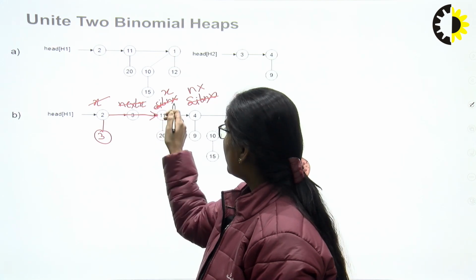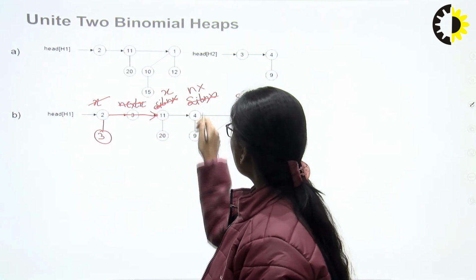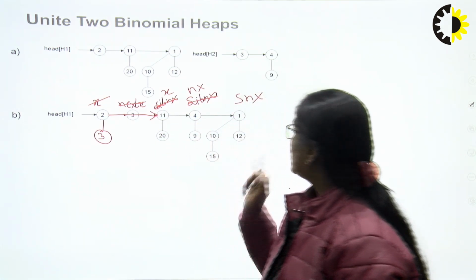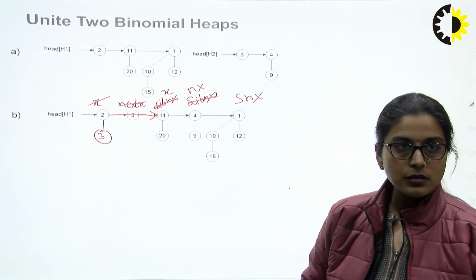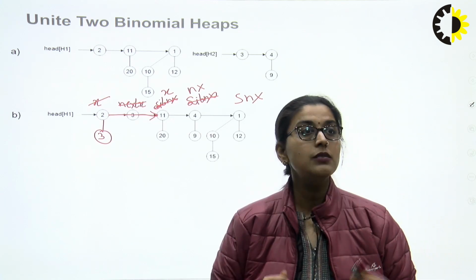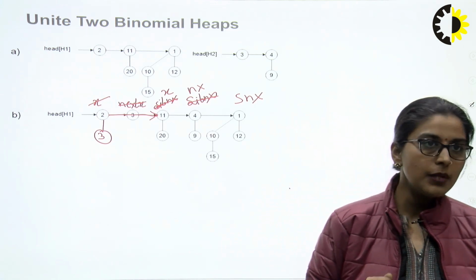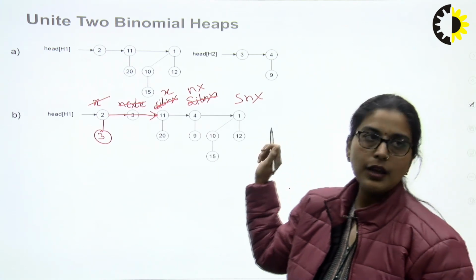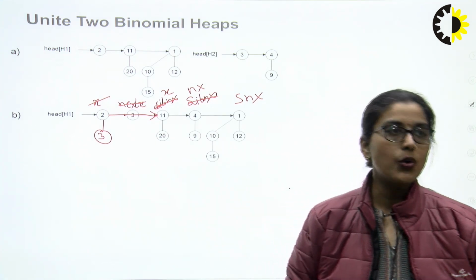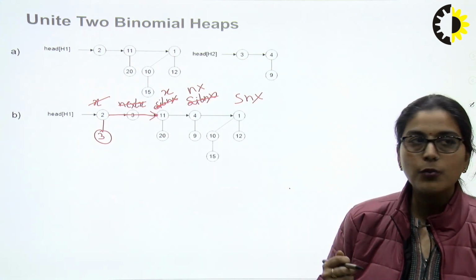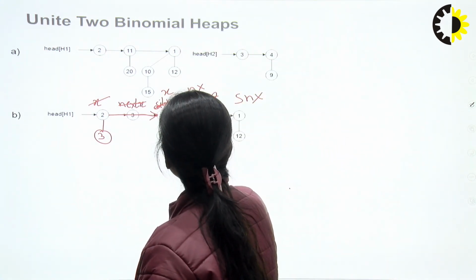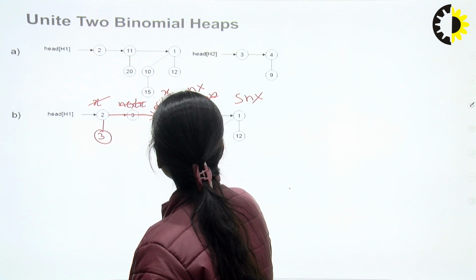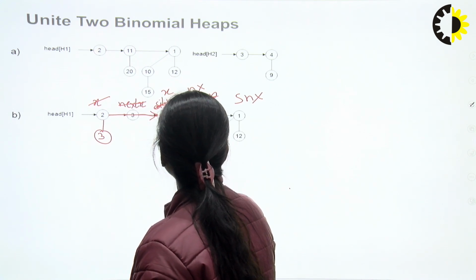So x has degree 1, next of x has degree 1 and sibling of next of x has degree 2. So case 3 or maybe 4 arises when two have the same degree and the third has a different degree. So we are doing the linking process. The one having the greater key becomes the leftmost child.